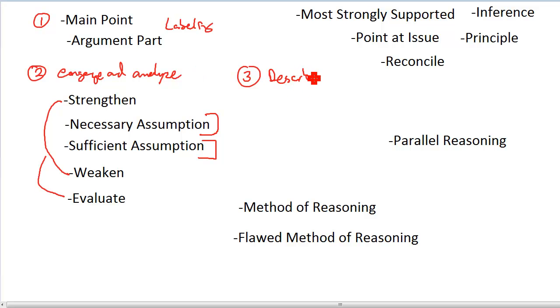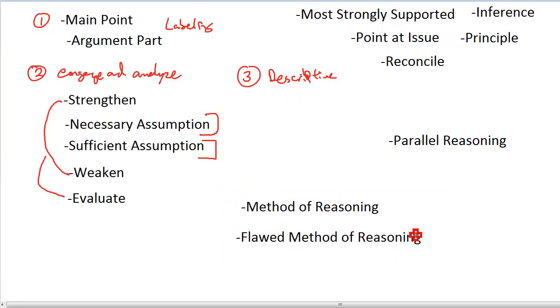I think of this descriptive level as kind of a meta level question, and don't get thrown off by that word meta. It just means you take a bird's eye view from above. So what does that mean? Well, first of all, these two are the descriptive levels: the method of reasoning and the flawed method of reasoning questions.